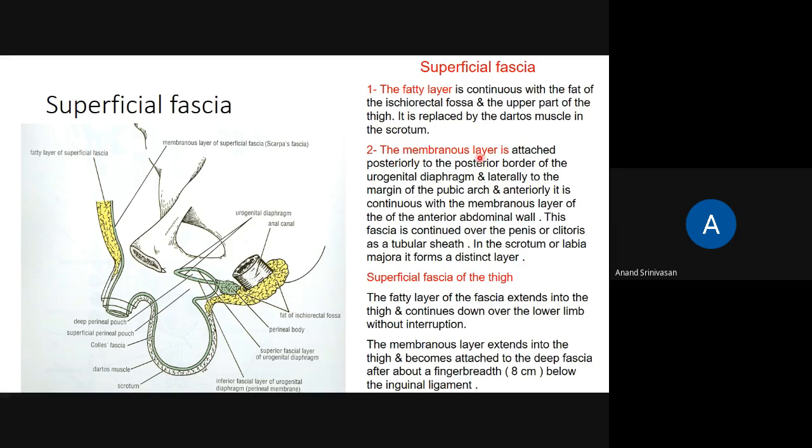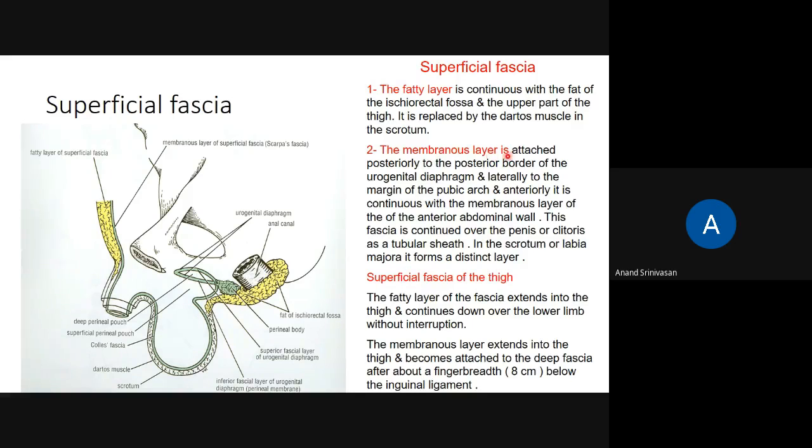Then the membranous layer, the green colored layer you can see. In the penis it gets modified into the buck's fascia, and then it descends on the scrotum. Now this is the part we are discussing, the perineum.